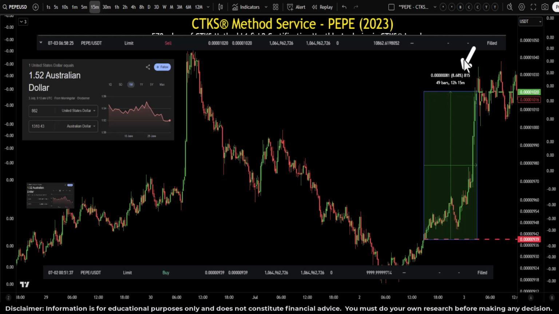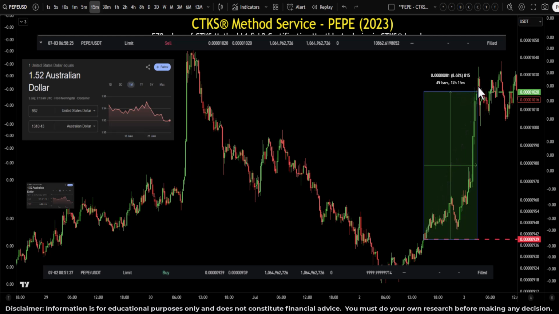It's nearly 9%. Now, why did I know that this was a good idea? Because when I looked at the structure, there was a lot of structure up here. Even though it was coming down, just imagine if you were at this particular point here and just saying, I think it can reach there because of structure.